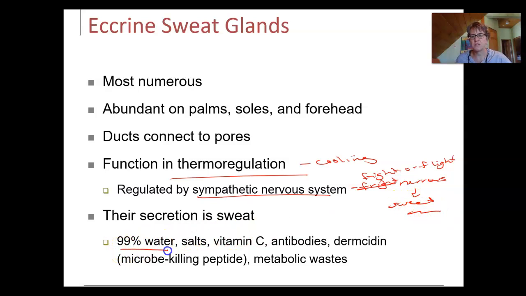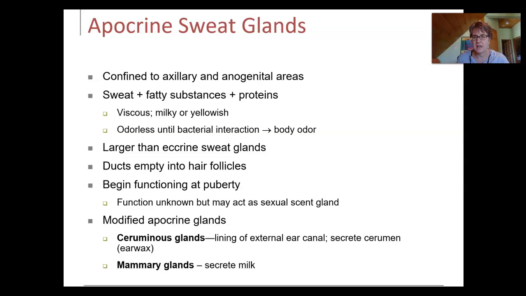And what is sweat? Mostly water, some ions, a little vitamin C, antibodies. You have an antimicrobial agent called dermcidin. And some metabolic waste. So it is one way to excrete things.